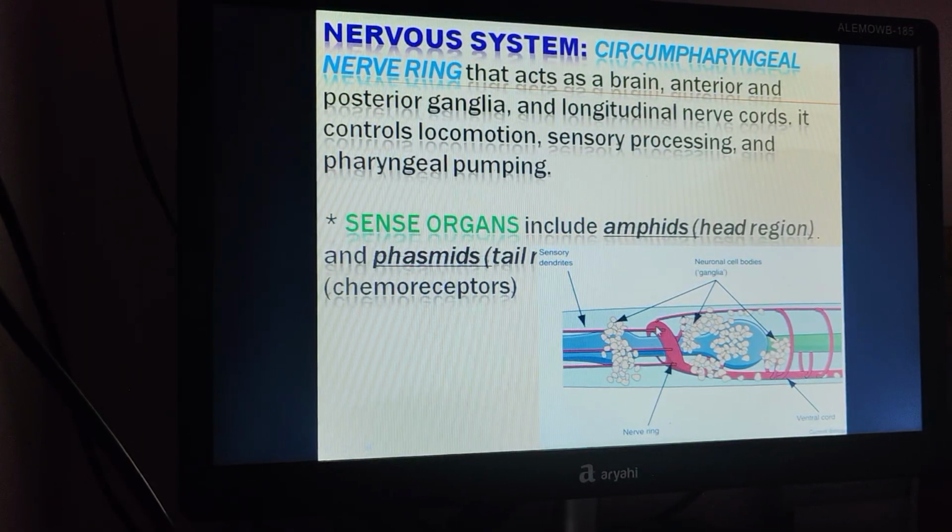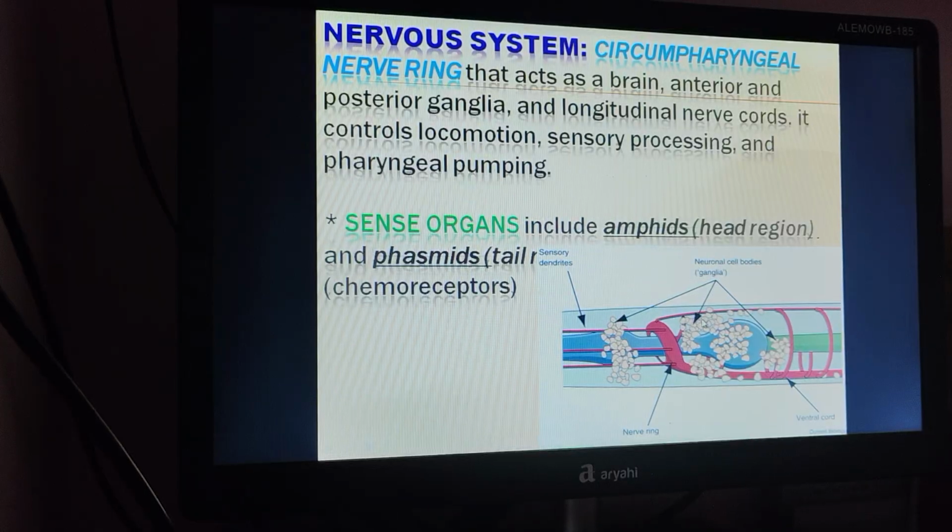All these things start in the primitive organisms, so they work like a brain only, right? From this circumpharyngeal nerve ring, small nerves arise and move towards the head region. You can see here, these are the small nerves. They extend towards the head region for controlling the anterior parts.